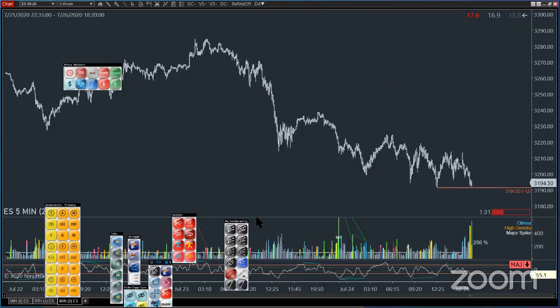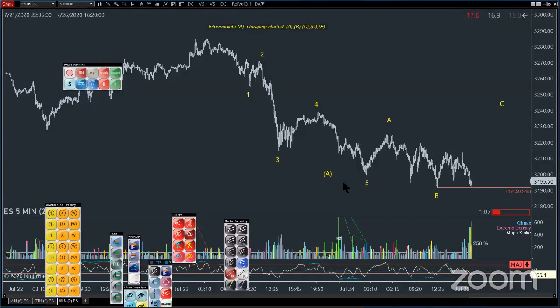So I wonder if that's not an expanded flat up, and that's your 1, 2 for C, right? So you've got 1, 2, 3, 4, 5 down, and then A expanded flat B, C for the B wave up, and then a giant C wave down potentially.